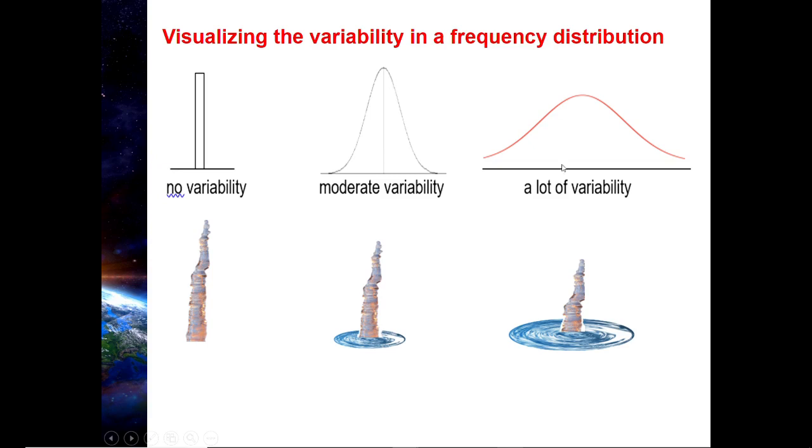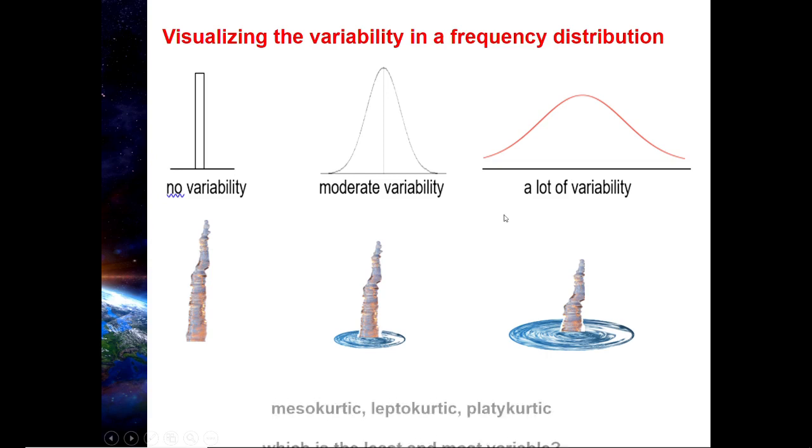The air doesn't go out. Where does the air go? It goes to either end of the balloon. You're dispersing the balloon. It's no longer just a nice well-shaped balloon. Push down on it and you see dispersion as the air moves into the other parts of the balloon. Okay, so again, this would be no variability, moderate variability, and a lot of variability.